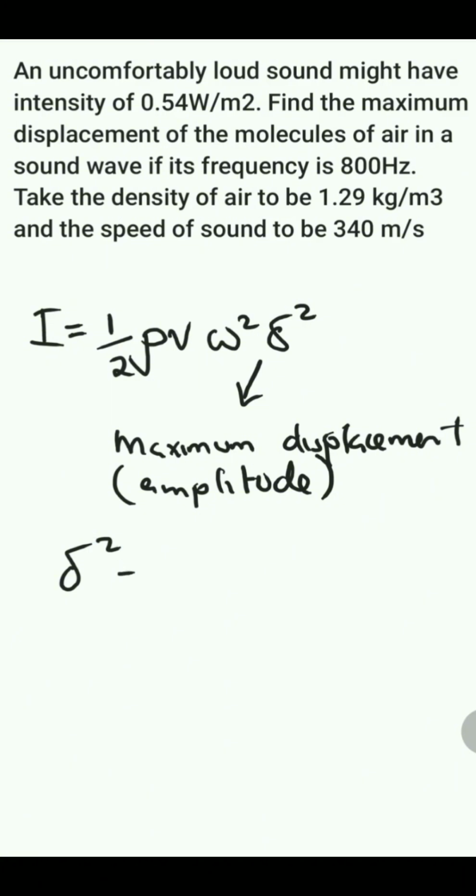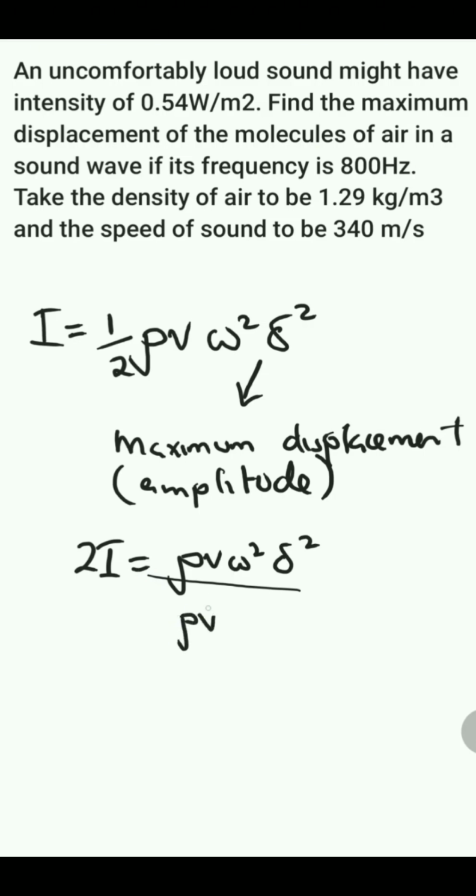So what we're going to do first is, let me clear this. The 2 we have on the right will multiply with the left. So I have 2 times the intensity equals the density of air, the speed, angular frequency squared, and the amplitude squared.